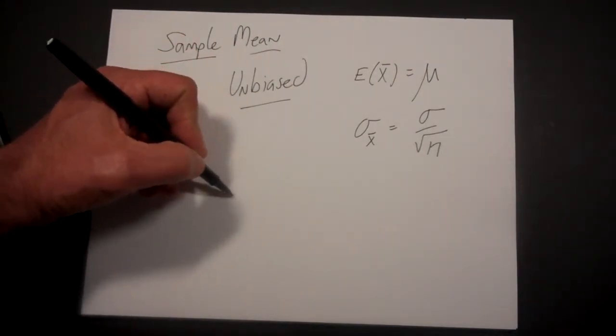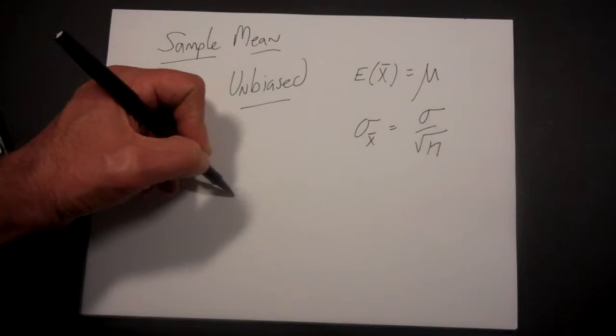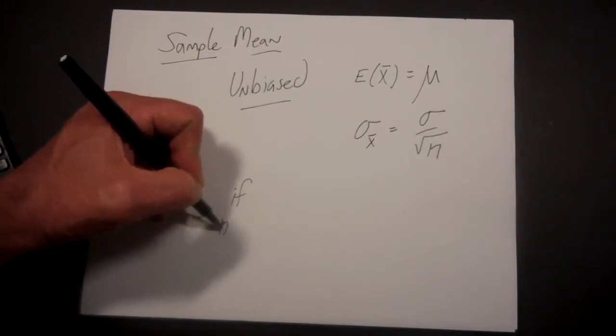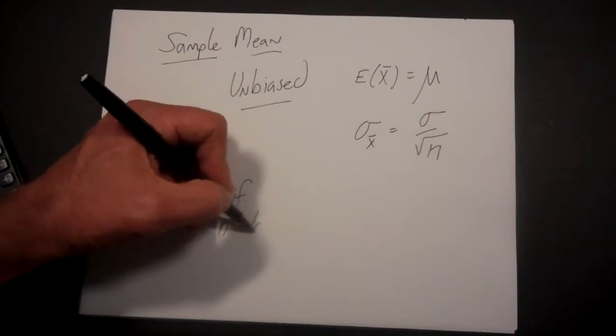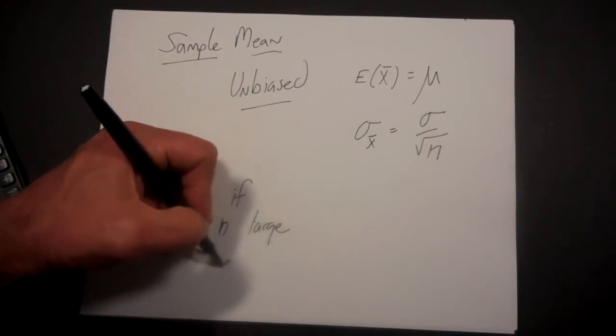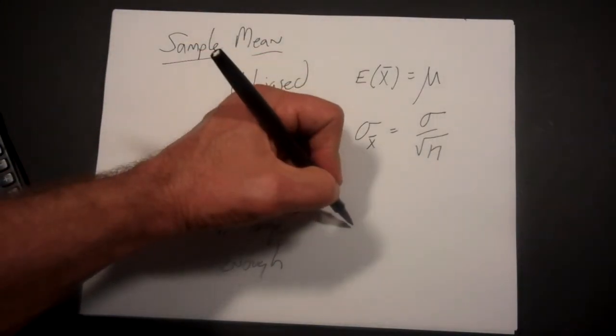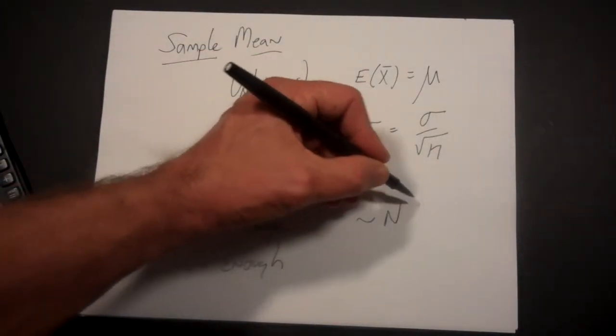And the third thing we know is that under certain conditions, in particular if n is large enough, that is if the sample size is large enough, you will know that the sample mean is distributed normally.